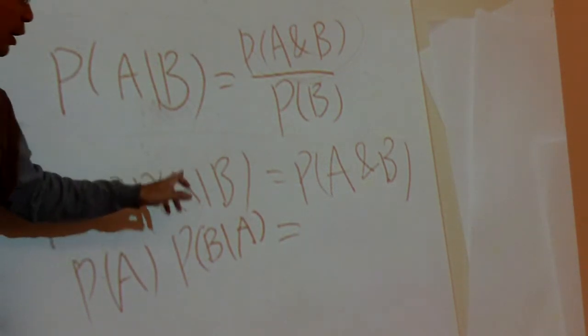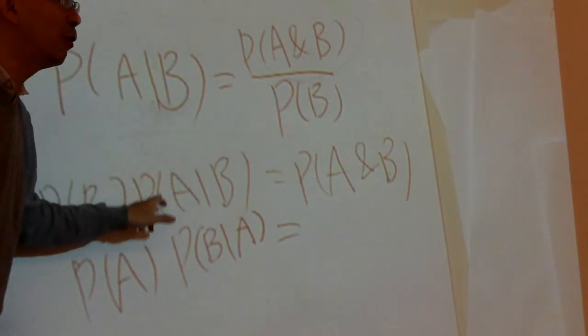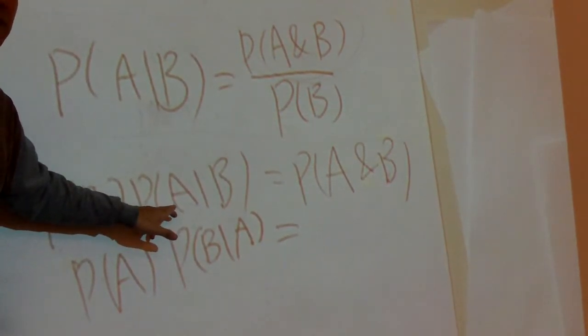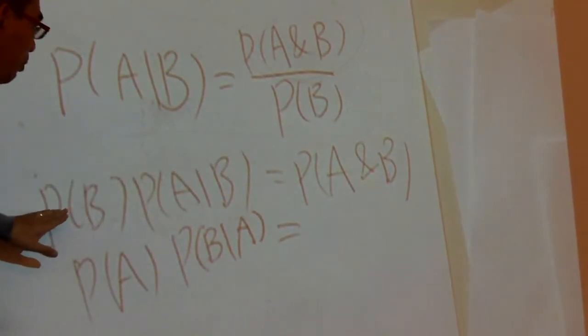If they're independent, how about P of A given B? Do you think that B matters? No. So that means P of A given B equals what? Just P of A. Do you agree? Because it doesn't affect the probability of A. So if they are independent, this conditional probability becomes unconditional probability P of A. So this formula is reduced to P of B times P of A.